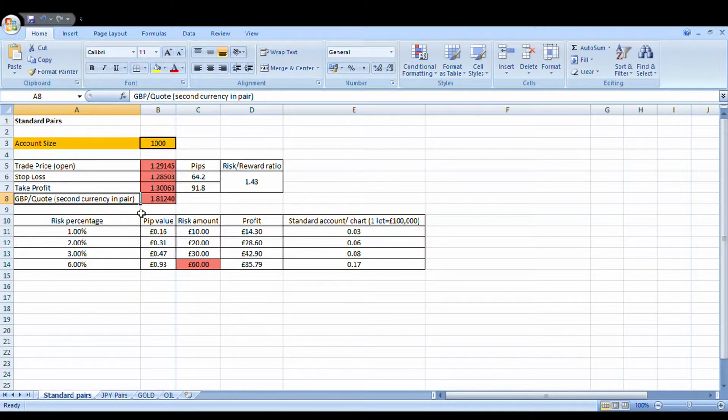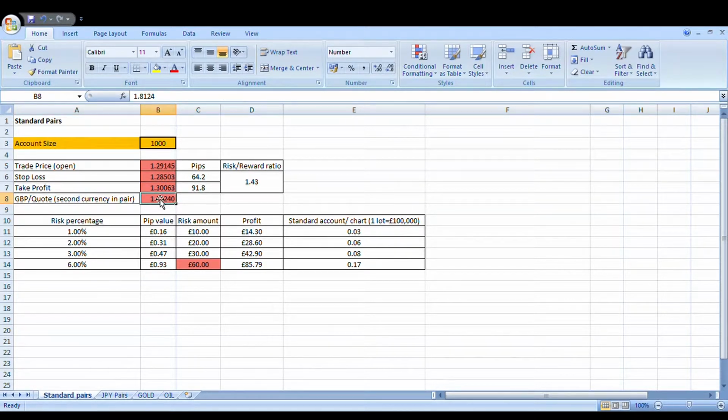So you will need to invert that price, so you have GBP first. And the way you do that is by doing 1 divided by the market price, and that will give you the number that you need to place in here.